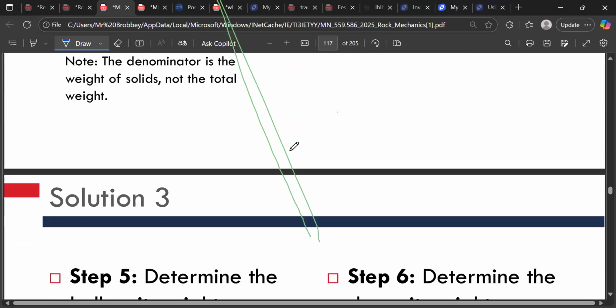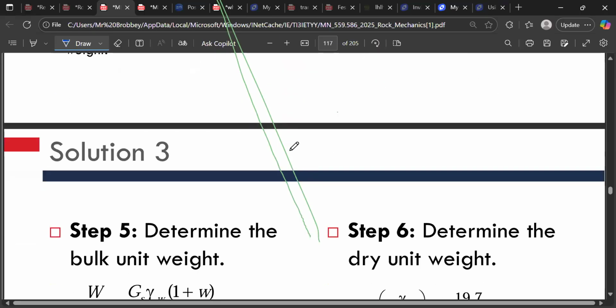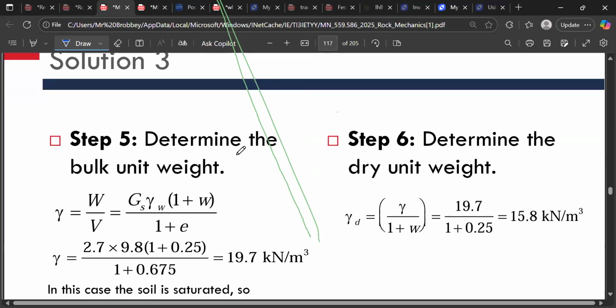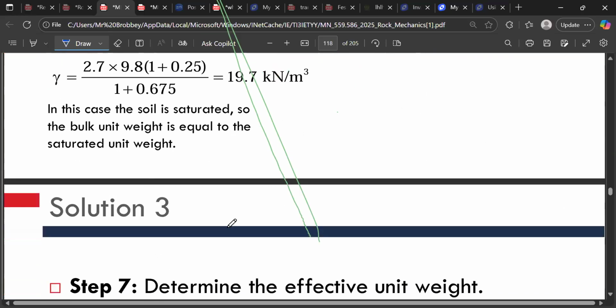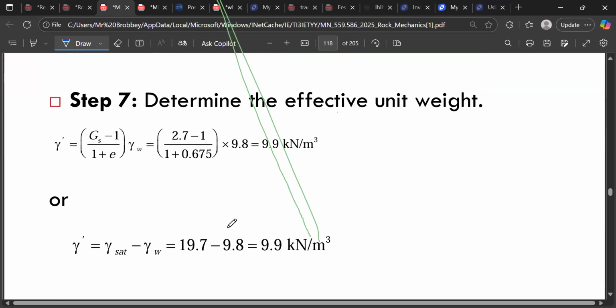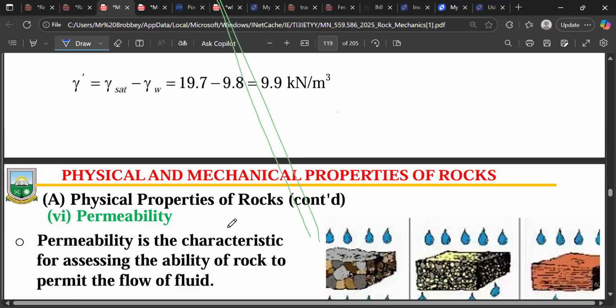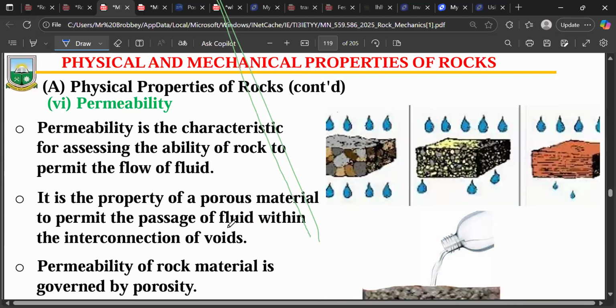And every rock mechanics question or exam is flooded with these type of questions. So if you don't get yourself okay with solving these questions, it's going to be a big headache for you. All right. So we have some time, so I want to continue.